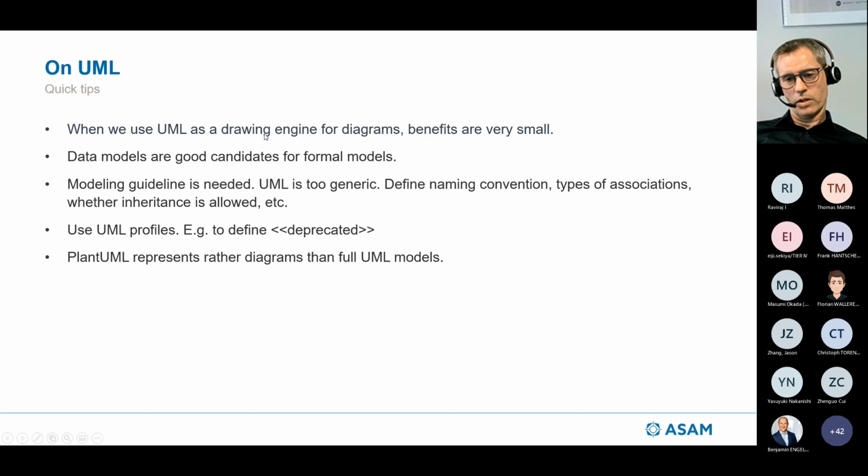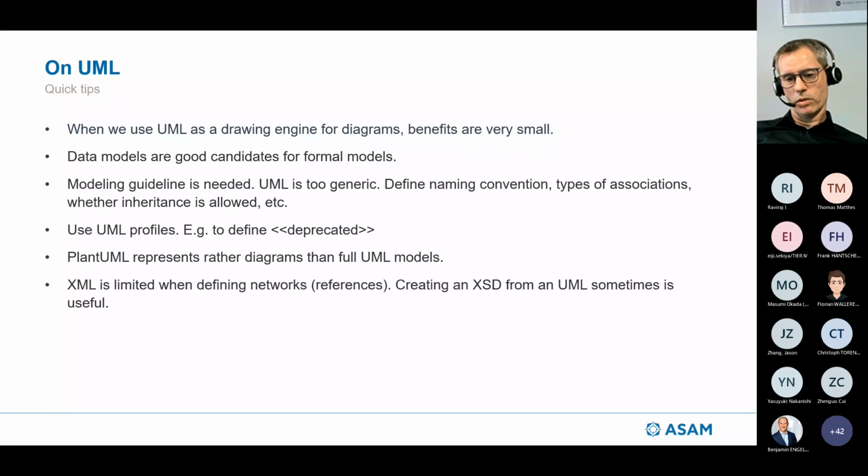You're just using UML as some kind of drawing engine for diagrams, and PlantUML does not have the power of, for example, XMI and UML profiles or something like that. You can still use it, that's not a problem anyway, but you have to be aware of what you're doing and how you're doing it.